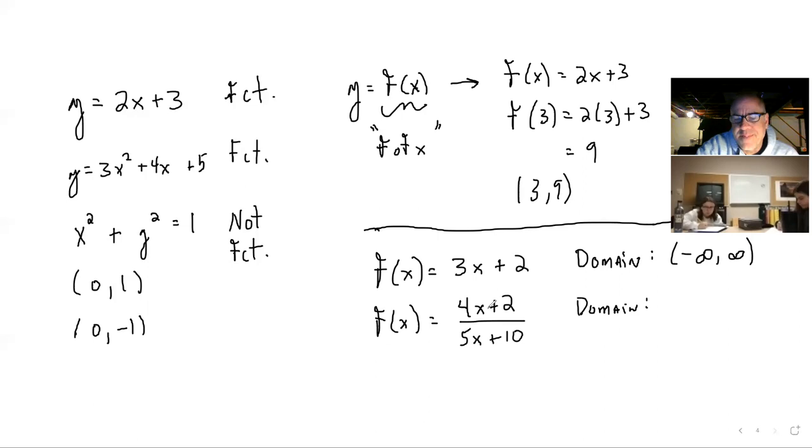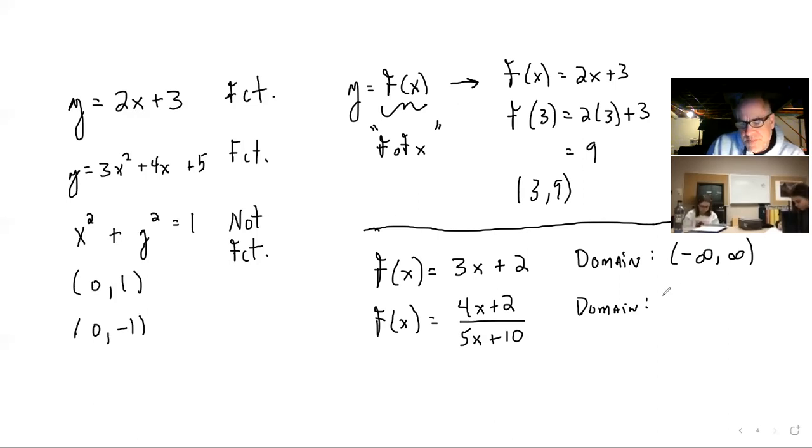What can't happen is the denominator being 0. What number would cause division by 0 in that function? There's just one: -2. So the domain here is all reals but -2. -2 would not be possible.